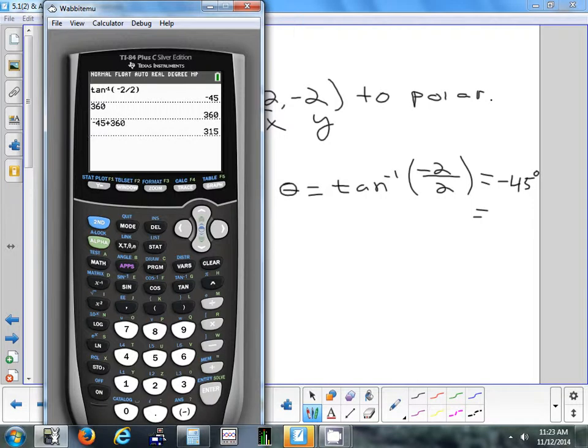So there's 315. If the directions don't say, you can leave your angle negative. That's fine. But generally, I like to think of it as a positive angle, then I only have to think about going in one direction all the time, not thinking about which way am I moving. Okay, so there's my angle.